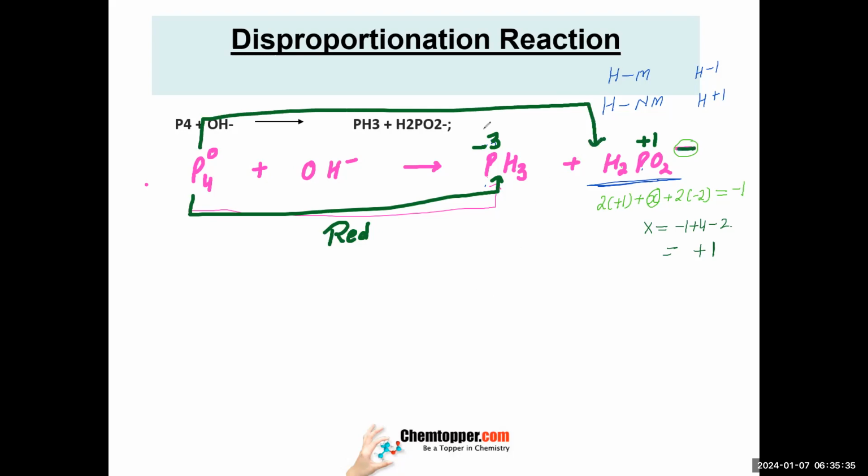This is oxidation. So the same substance, the element of the same substance, P, is undergoing reduction and is also undergoing oxidation. So we can call it a disproportionation reaction, right? So this is also one of the important examples of oxidation reduction reaction.